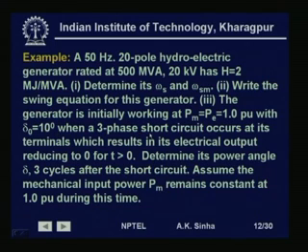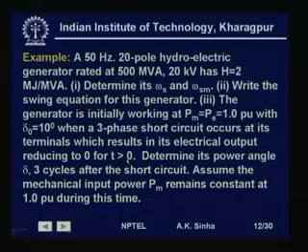When a 3-phase short circuit occurs at its terminals, which results in its electrical output reducing to 0 for t greater than 0. That is, at t is equal to 0 plus we are assuming a 3-phase short circuit occurs at the terminals of the machine.